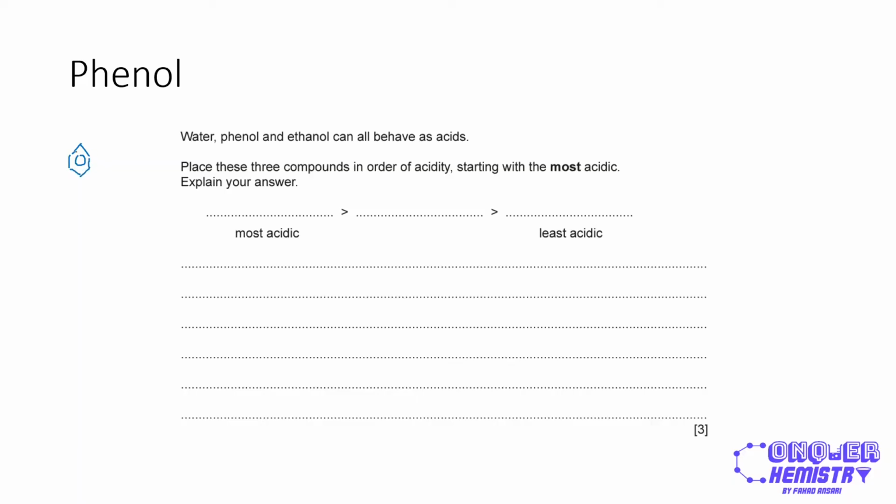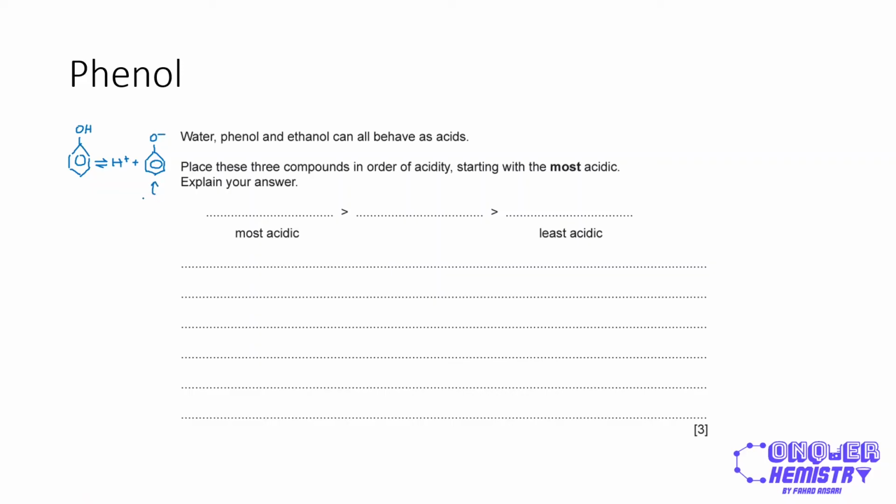Phenol is a weak acid, and we show this weak acid property using a reversible reaction. It dissociates to give a hydrogen ion, and the anion, the conjugate base, we call the phenoxide ion. So the phenoxide ion has a negatively charged oxygen atom.